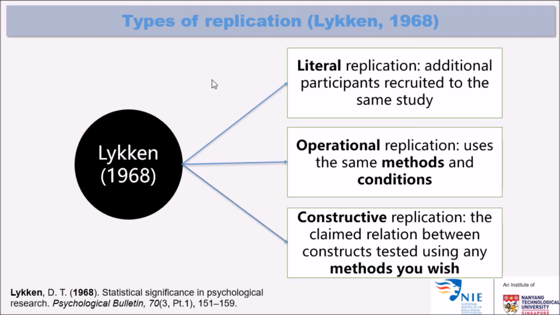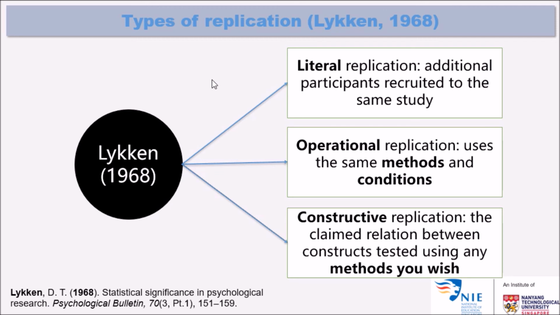So you extend your study and you go beyond 200 and you include 400 or 600, for example, participants. Now, the results of this second half of your study could be presented in a separate paper or in a separate article. Lykken refers to this as literal replication because the conditions are exactly the same and everything else is kept the same. What you want to do is just to add on to the number of participants in that study.